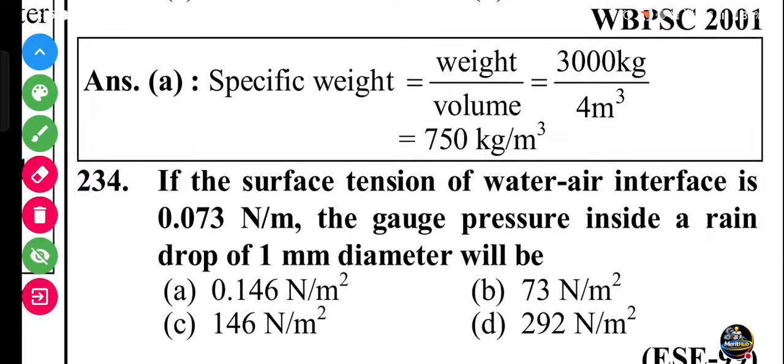Next question, friends. If the surface tension of the water-air interface is 0.073 Newton per meter, what is the gauge pressure inside a raindrop of 1 mm diameter? For a raindrop, it is 4 sigma by d.